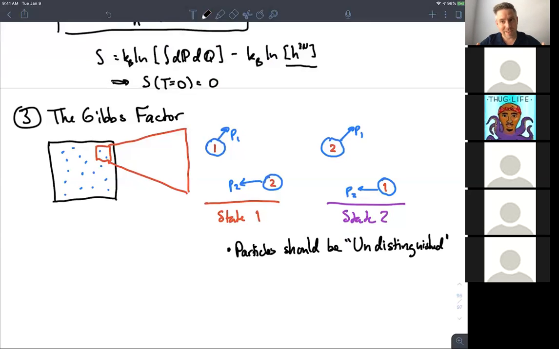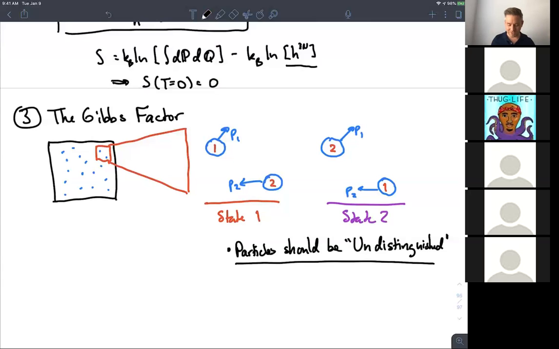So in classical mechanics, they are in principle distinguishable, but the distinction between them should not make any difference. When we make the transition to quantum statistics, then the particles are really going to be genuinely indistinguishable, that it is genuinely impossible to tell one particle from the other. But in classical mechanics, at least, the particles are undistinguished. So they can be distinguished, they just aren't.